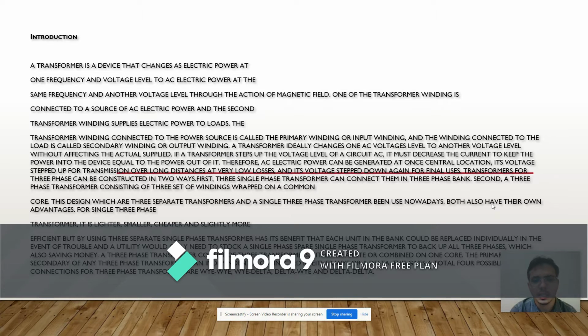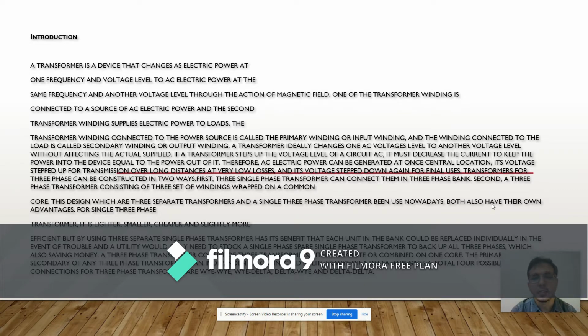A transformer ideally changes one AC voltage to another voltage level without affecting the actual supply. If a transformer steps up the voltage level of an AC circuit, it must decrease the current to keep the power into the device equal to the power out of it.